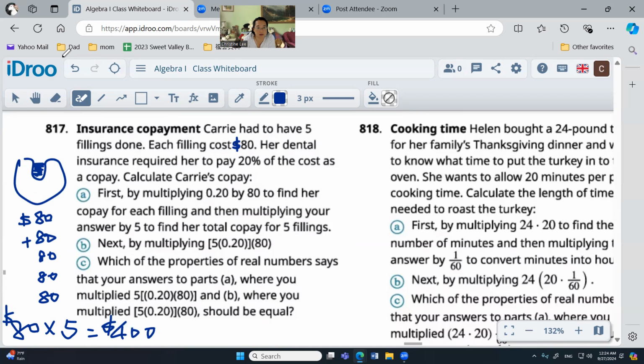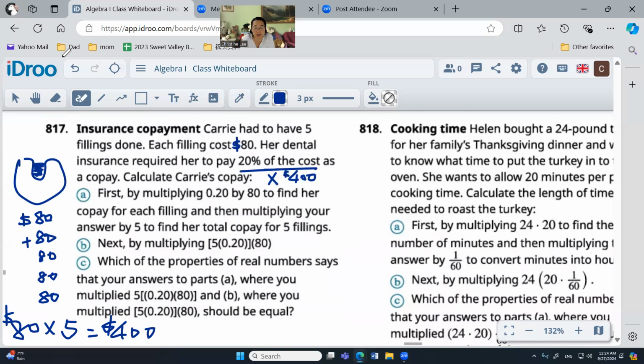Okay. So how much does her dental insurance require? So this is the total. And it requires them to pay 20% of the cost. Let's translate to English. Of means multiply. So the cost is 400.